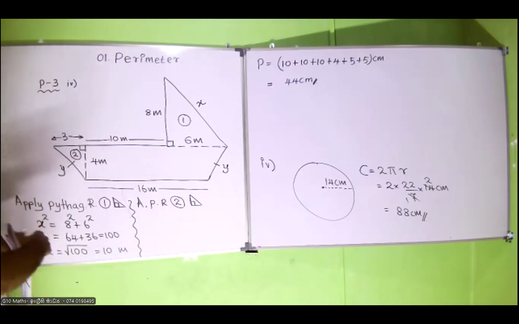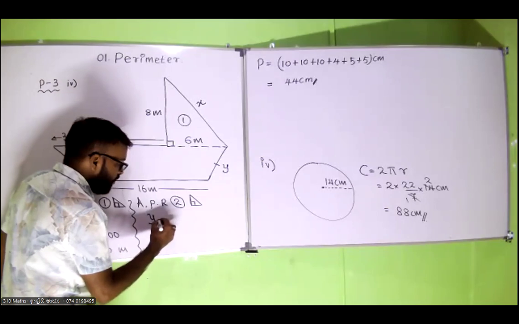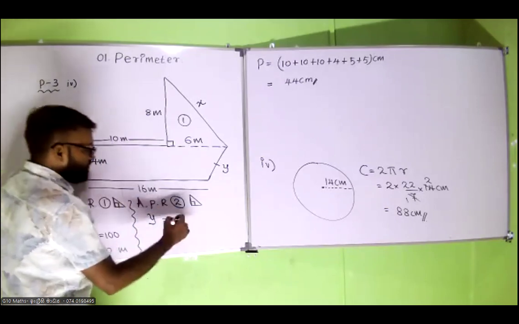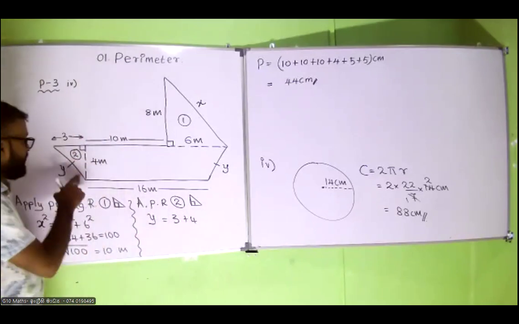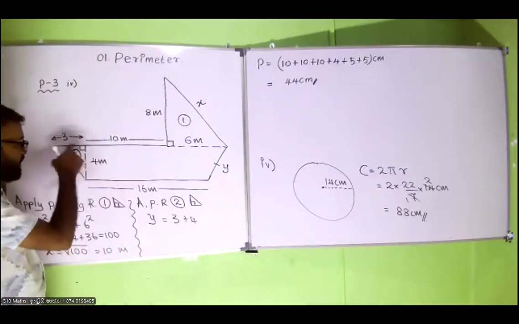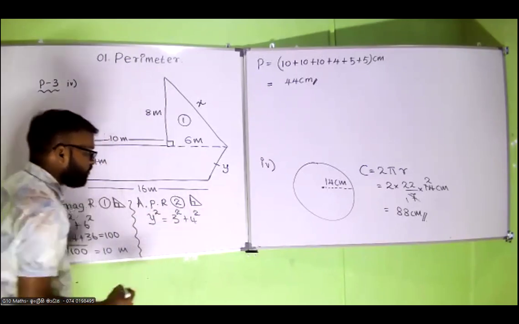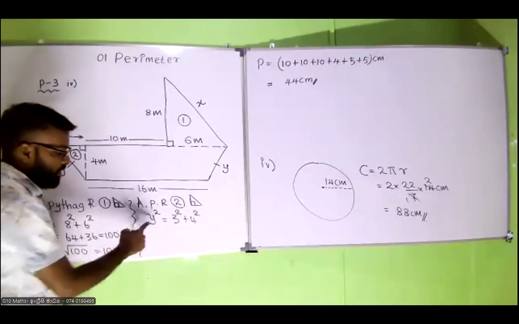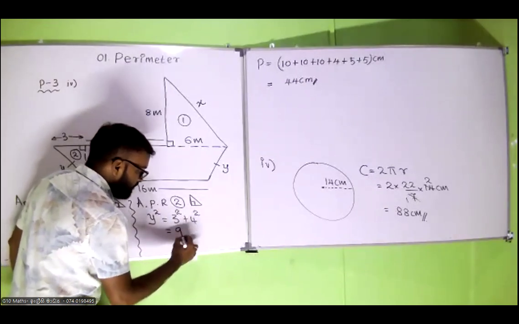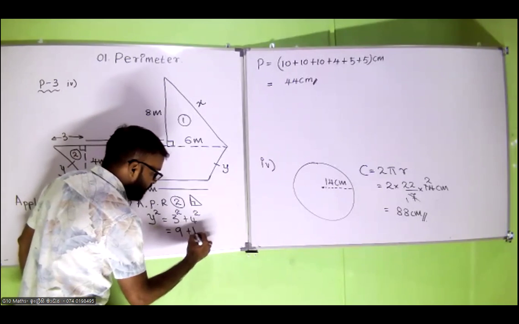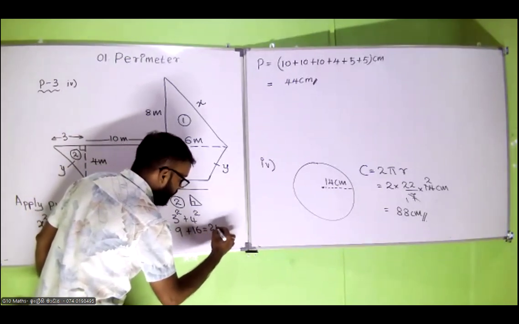Same thing. We have done this earlier, so you are familiar with this. 3 plus 4. The hypotenuse is Y, in front of the right angle. So Y to the power 2 equals 3 squared plus 4 squared. Keep this Y squared and simplify. 3 times 3 is 9. 4 times 4 is 16. So you will have 25.